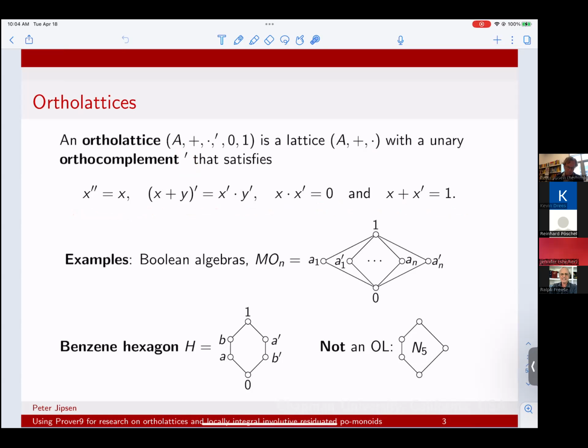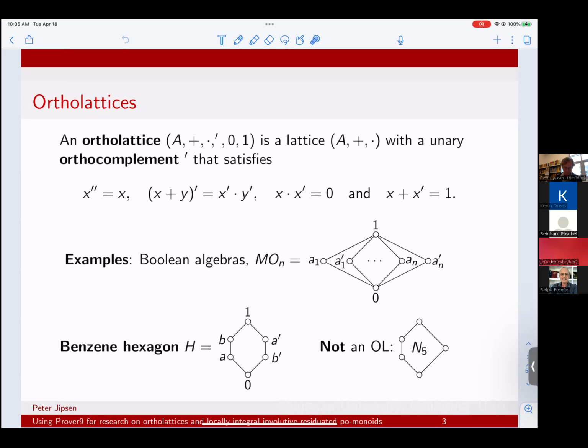What this means is that the other De Morgan law will also hold automatically, and the operation is order reversing. That pretty much sums up the simple properties. It's a reasonable expansion of the language of lattice theory that does have some applications, but I'm not that interested in the applications. We were just looking at particular aspects of the theory.